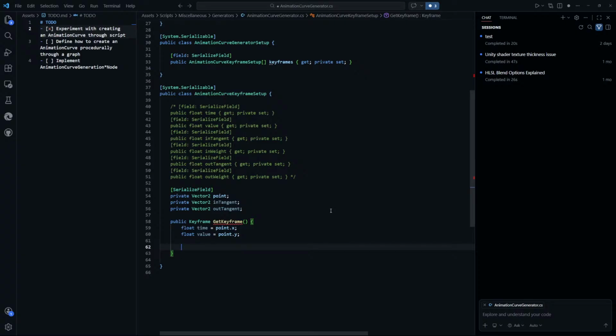But we do need... Yeah, if we do this, then we're gonna have to know the next frame and the next keyframe and the previous keyframe. That's unfortunate.